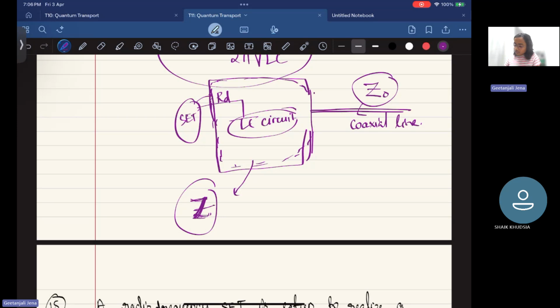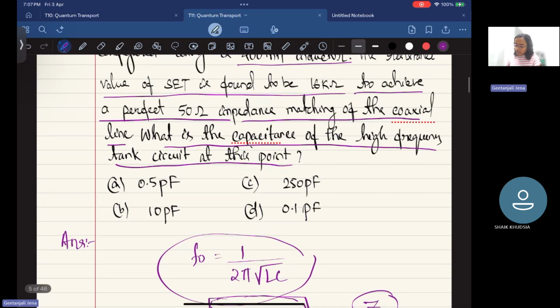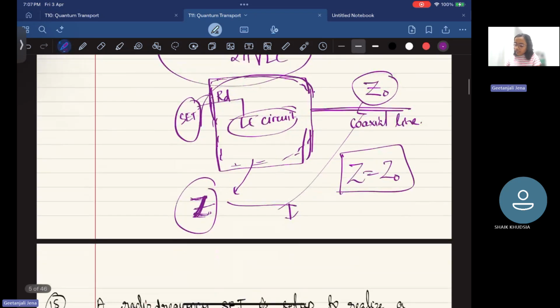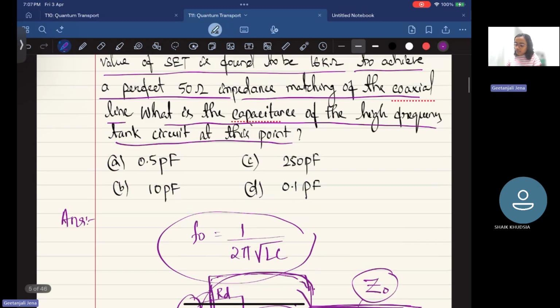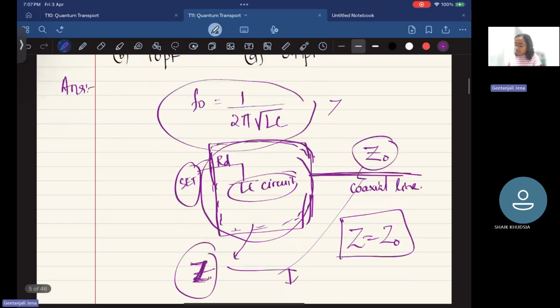Whenever these don't match, there will be reflection. But if Z equals Z0, there won't be any reflection. In the question, this tank circuit is perfectly impedance matched to the coaxial line, and the impedance is given as 50 ohm. So Z equals Z0, which is 50 ohm.